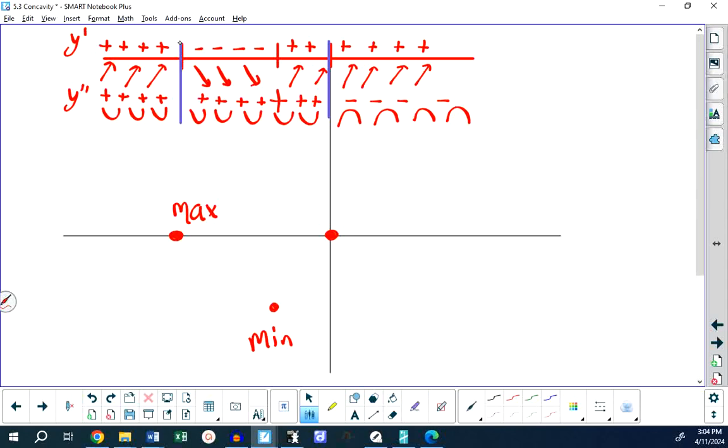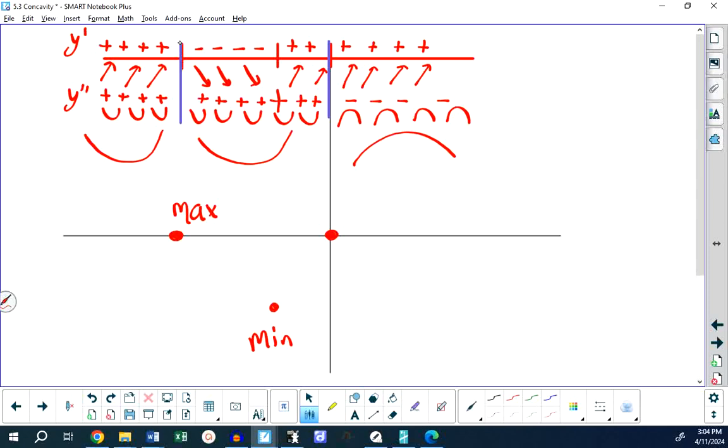How could you draw this? I'm going to challenge us today to see if you can figure it out. I know we don't have a lot of time, but I think this is where most of the learning happens, is being shown the math. You're still going to have some time to practice. But does anybody know how we can draw this? It's got to be concave up here and concave up here and concave down there.